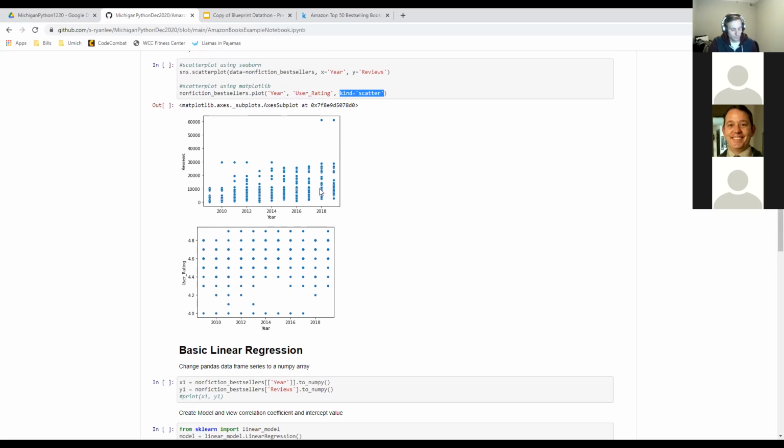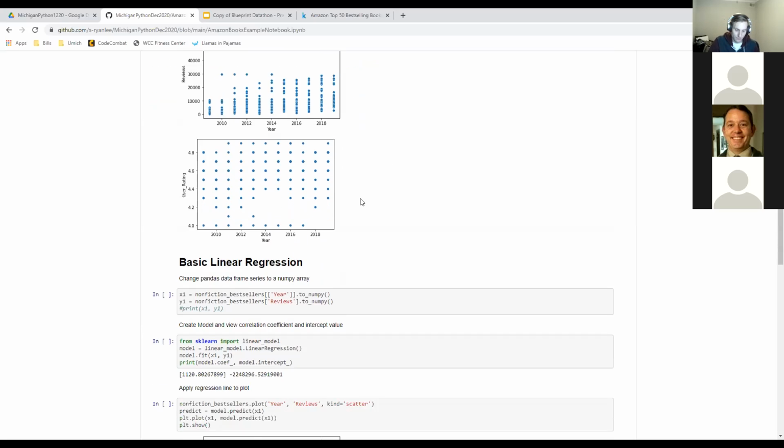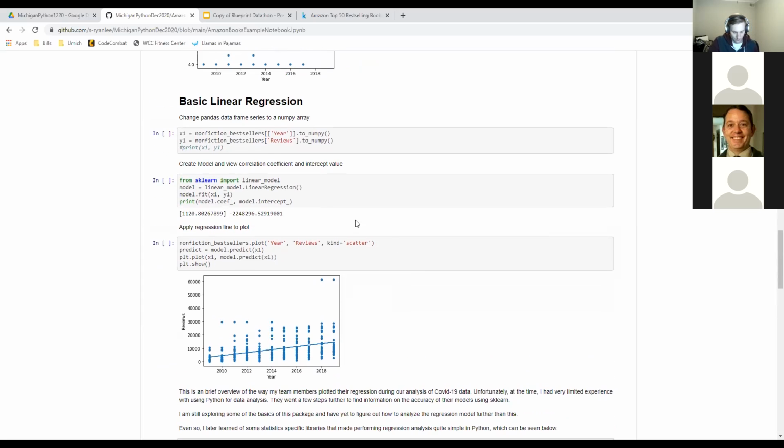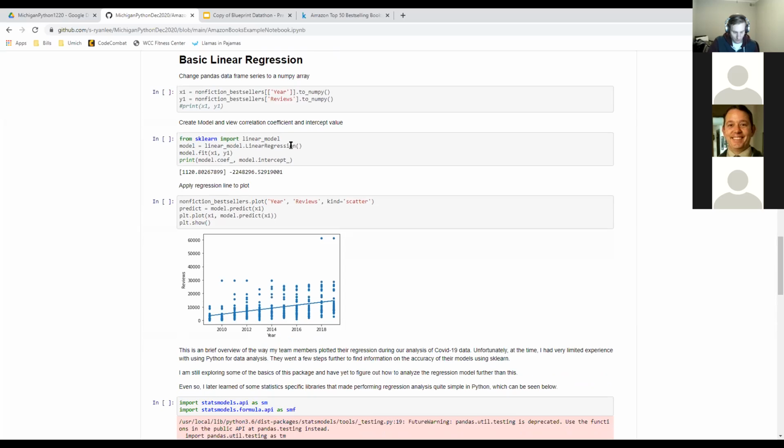So I've taken this particular data set and done a little bit of basic regression here. I basically changed both of these into NumPy arrays so that I can fit a linear model to them. This is another package. I'm not particularly familiar with this one. I'll go into a different package a little bit later.